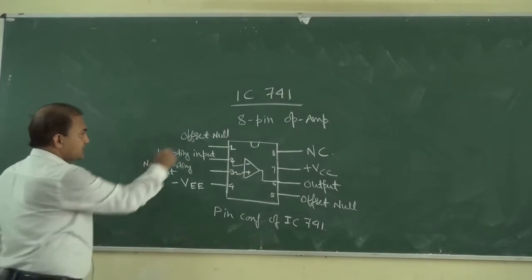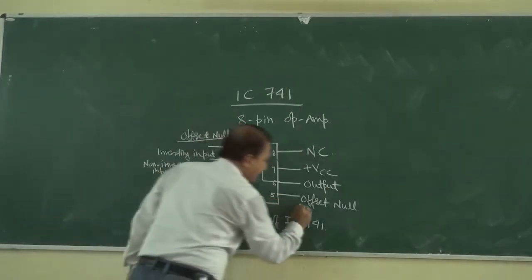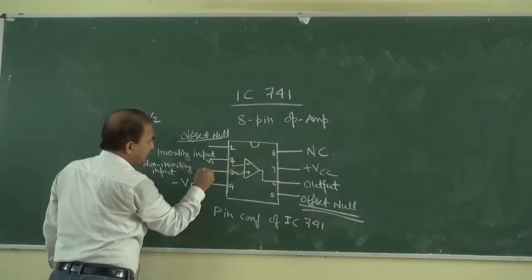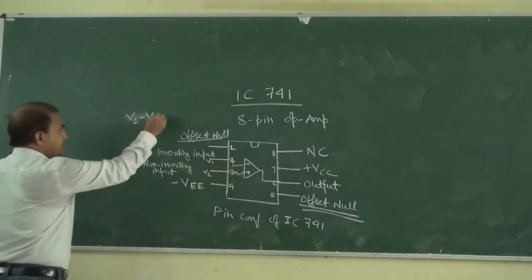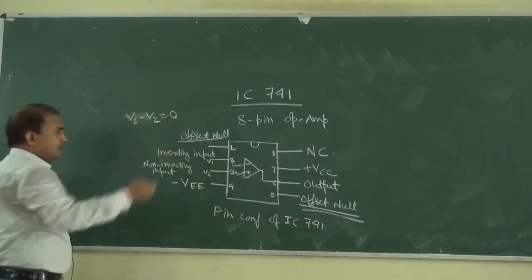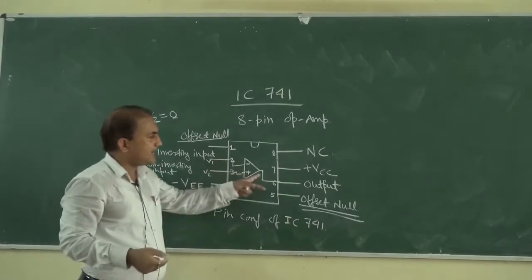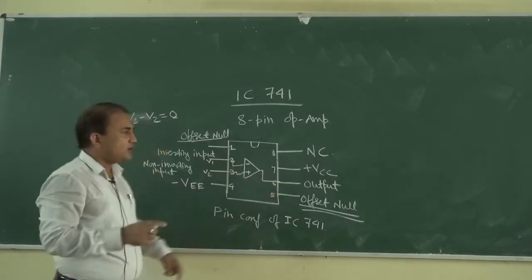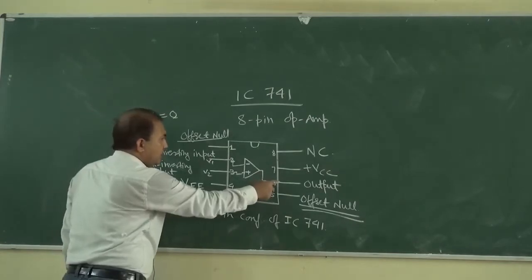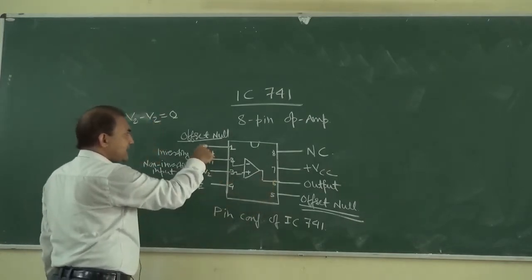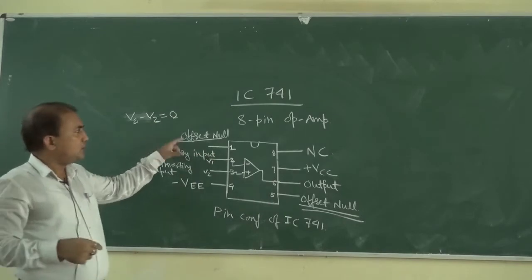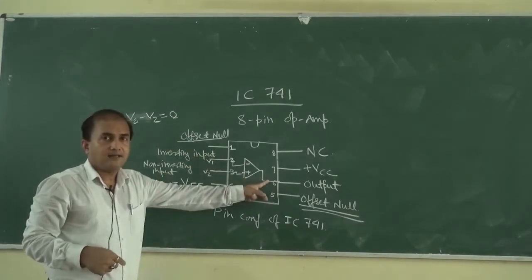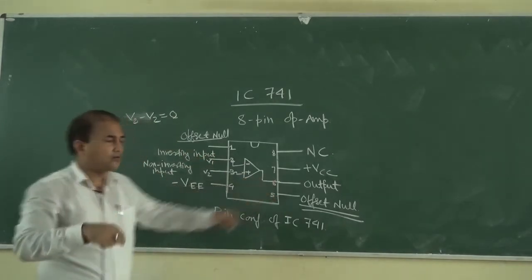Okay, so what is the use of this offset null? Suppose this is V1 and this is V2. Even though V2 minus V1 is equal to 0, we are still getting output at terminal 6. In order to null this output, we apply some voltage to offset the output to 0 volt.